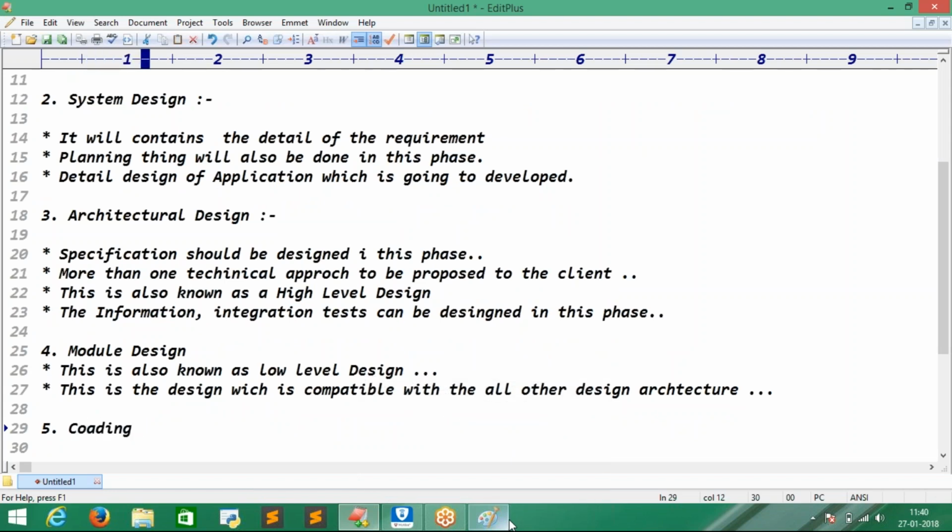When I say coding, it means whatever the designs are made, that has to be coded, right?